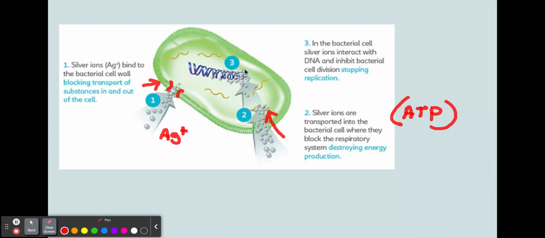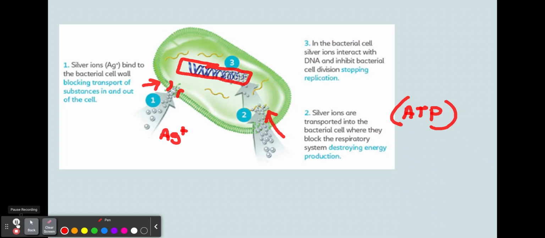And of course, the other thing it could do is, this is the DNA of the bacteria. It could make the DNA unstable. They could break it apart. And when they do that, they can stop it from replicating. So there are three avenues of attack here, and each one could just kill it.